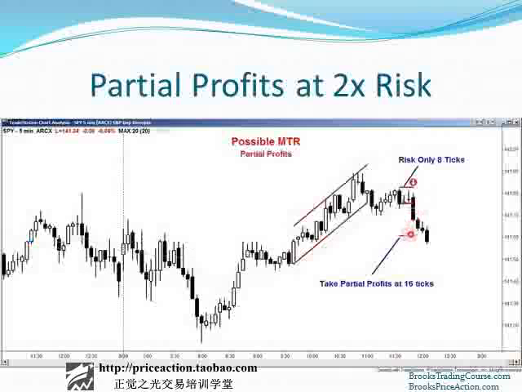So you'd have a limit order to take partial profits here, and you would have been filled on this bar. Your initial risk is 8 ticks, 1 tick below the signal bar to 1 tick above the high of that bear bar, and that's 8 ticks. And so you'd want to take partial profits at 2 times that number, which is down here.